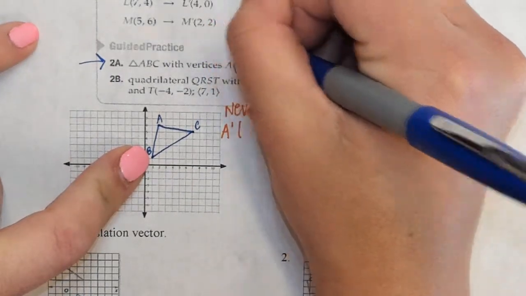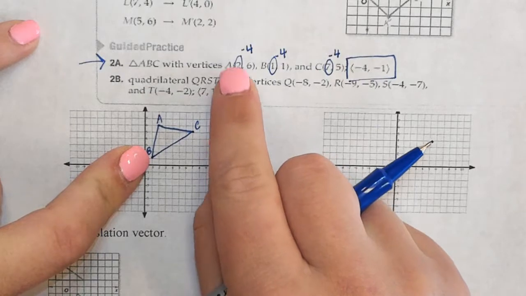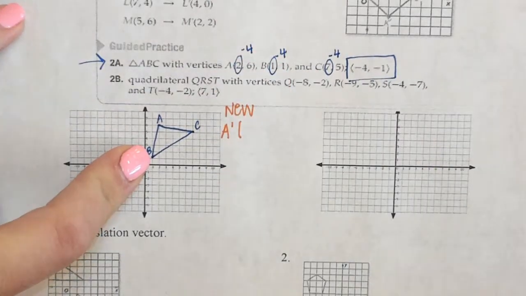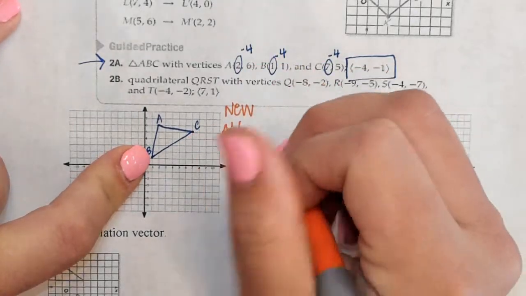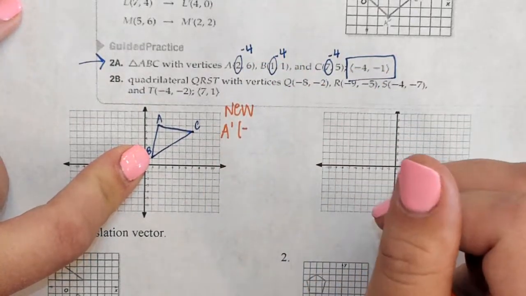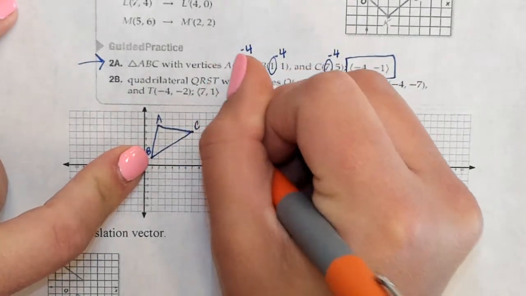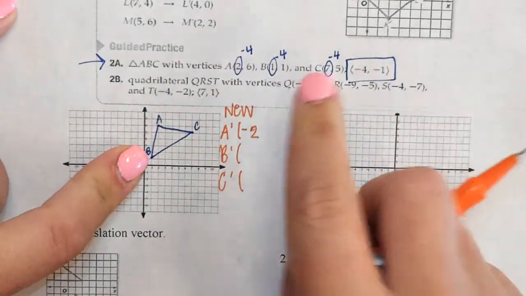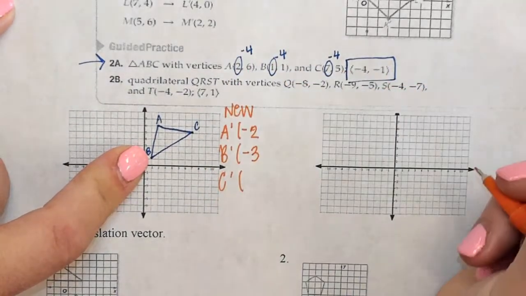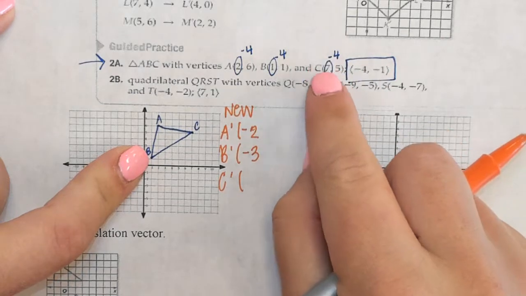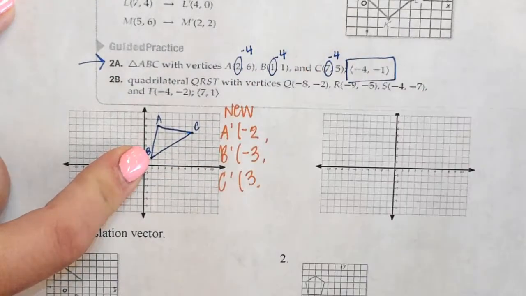So in your calculator, I want you to literally press 2 minus 4. 2 minus 4. Which is? Notice we're just doing all the x's first, not the y's. 1 minus 4. 7 minus 4. Good.